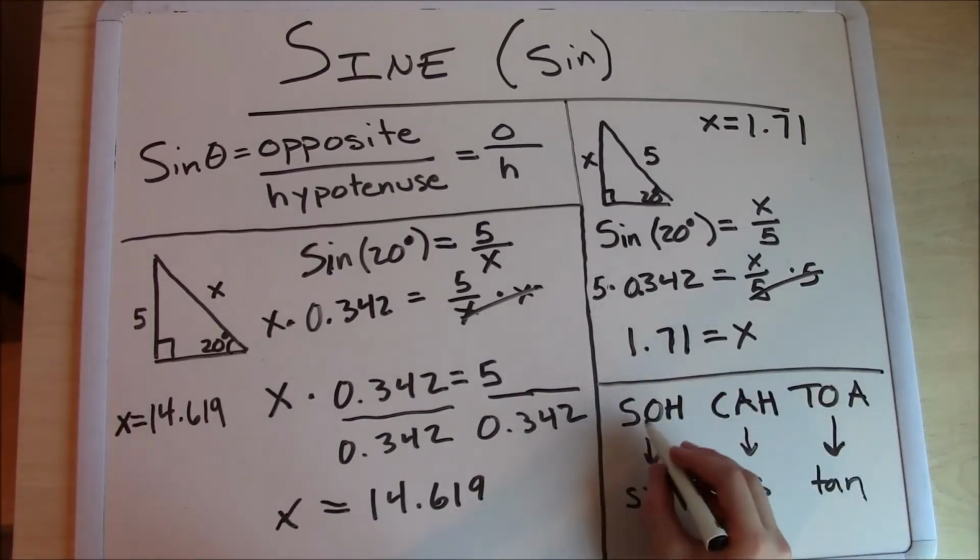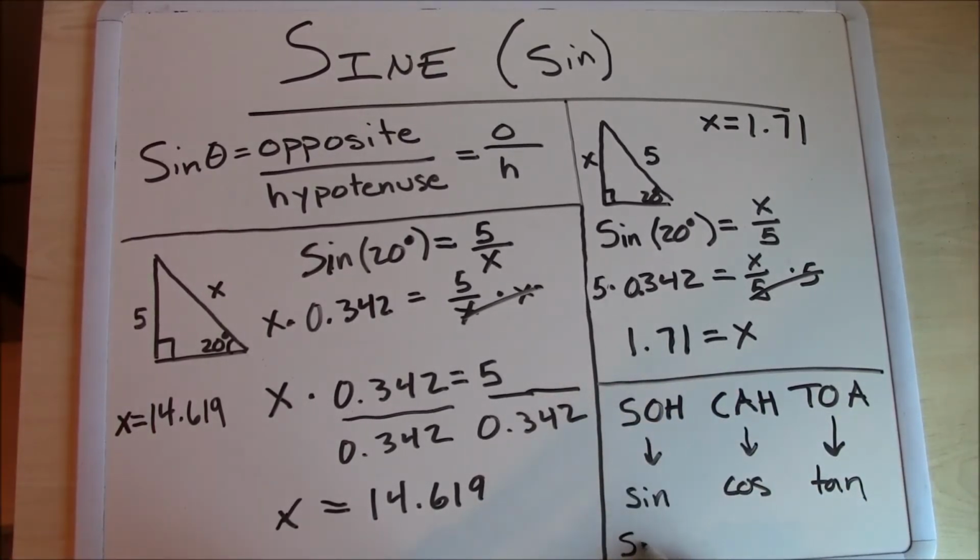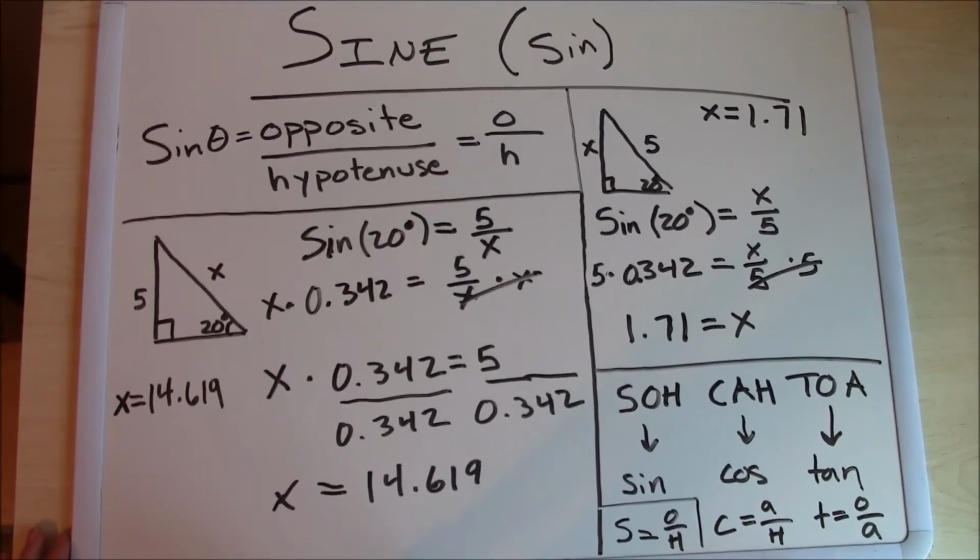So if you get this down, you can see that translates into S equals O over H, C equals A over H, T equals O over A. You can see here, boom, matches up with that. So you're all good to go. So that is sine.